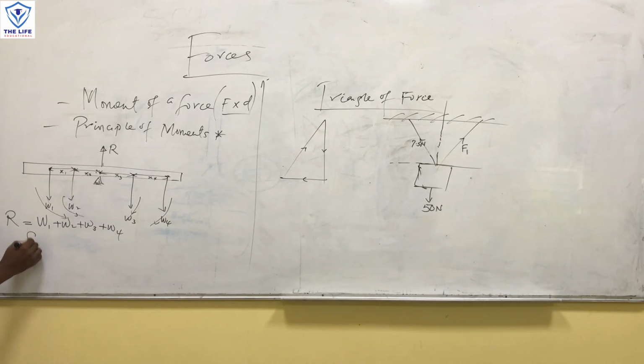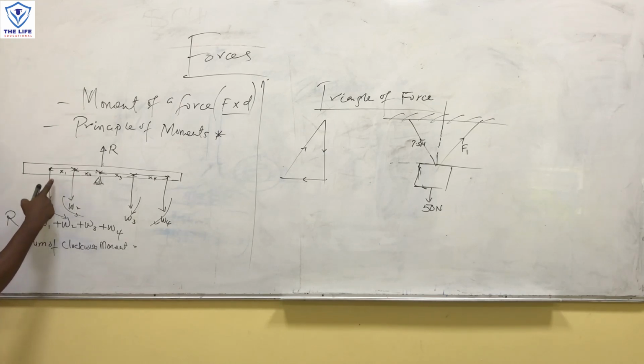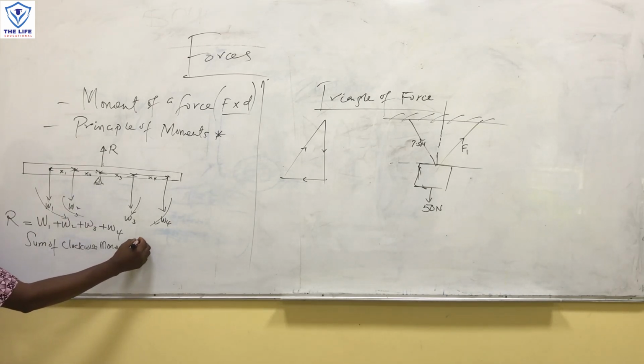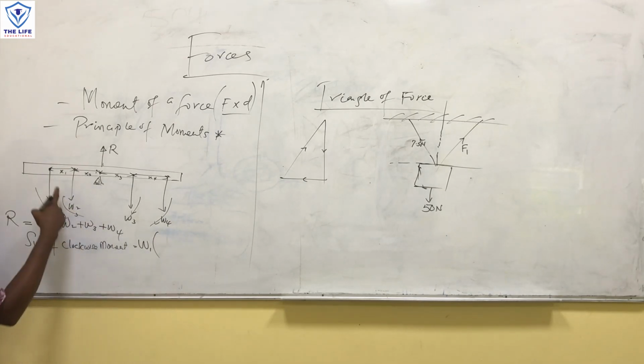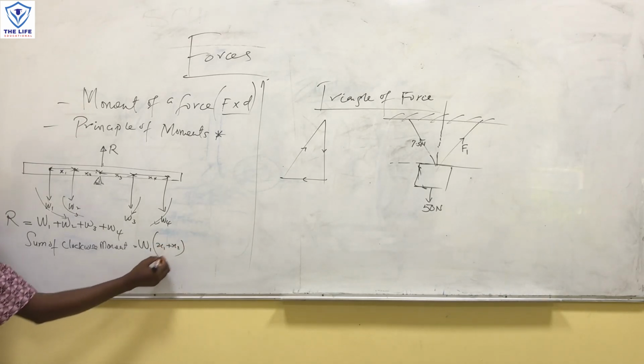Therefore, we can say the sum of anti-clockwise moments will be equal to W1 multiplied by the distance. The distance of W1 to the pivot will be x1 plus x2. So that gives us W1 into bracket, the addition of distances x1 plus x2.